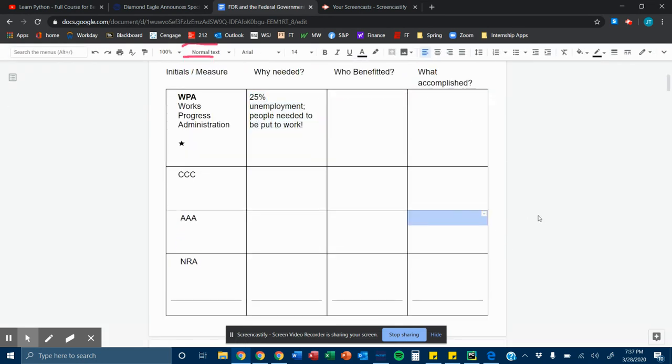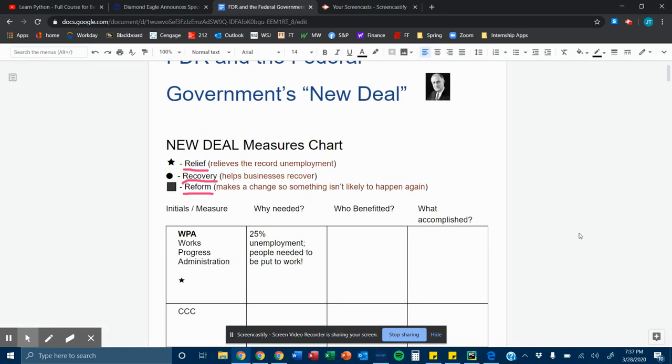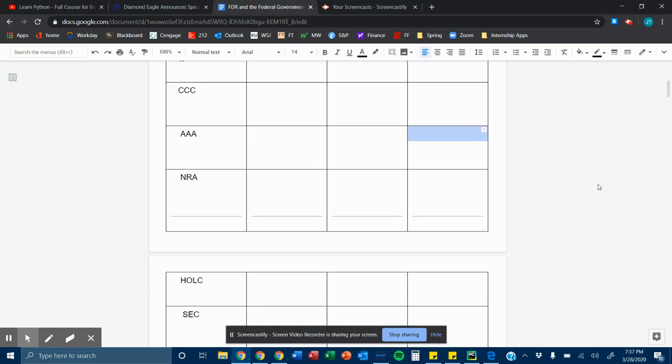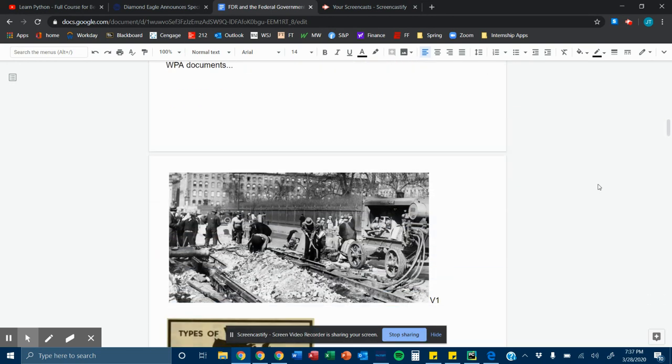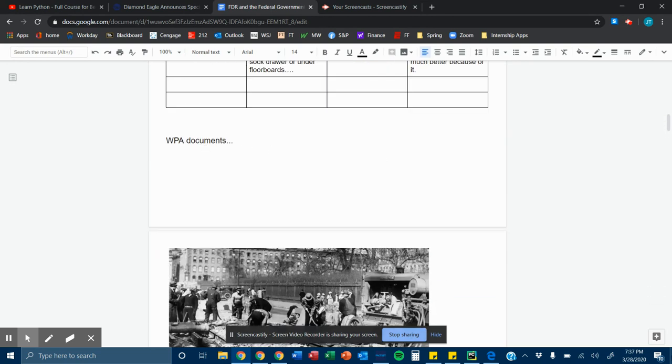All right, so we have that. Why was it needed? All right, so we're going to explain what it looked like, what it means, who it helped, etc. So we're going to take a look at a bunch of visuals that I have down here for you. These are primary documents because they're photographs or charts.